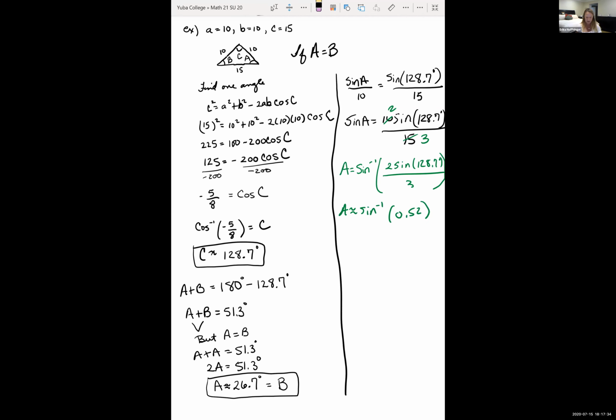So when you take the sine inverse of that answer, you get approximately, oops, I get something different. 31.35. Let me just make sure I plugged everything in right.